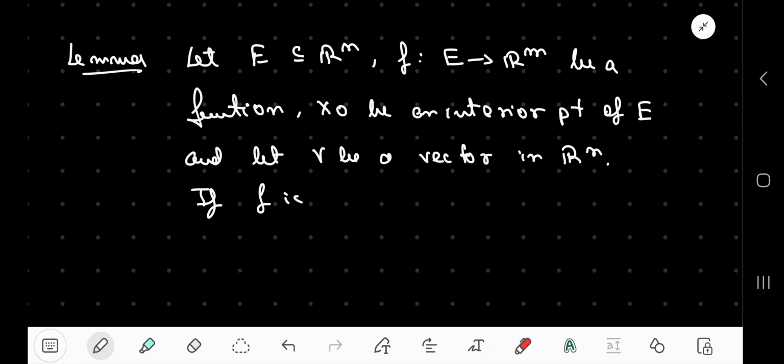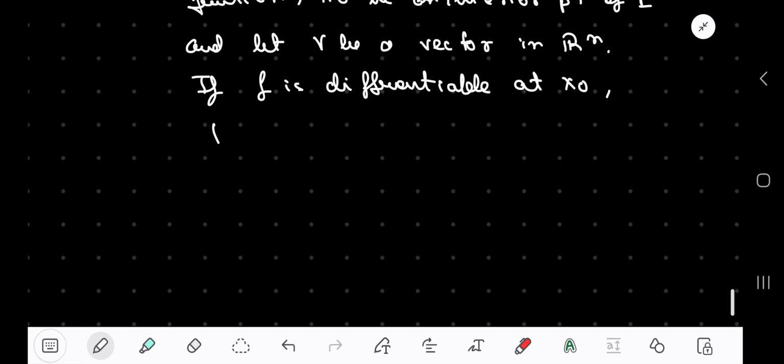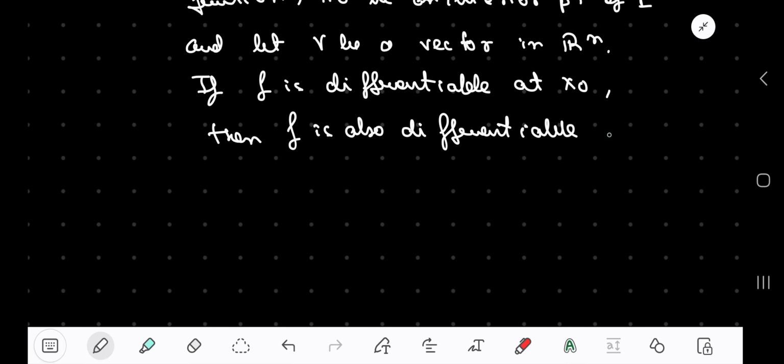We are given all these setups for differentiability. If f is differentiable at x naught, then f is also differentiable in the direction of v at x naught.